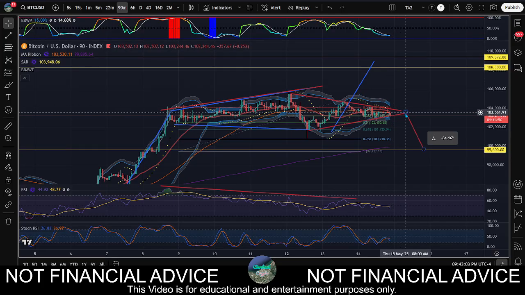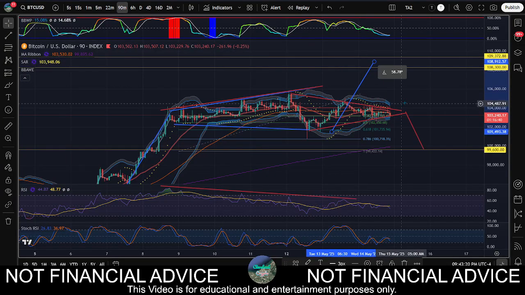Putter around sideways for a bit, let that 200 come up, and hopefully the 200 can catch price action here at that 786 once again, as it has right here beforehand. If it does that, our bull flag stays intact and our measured move stays intact as well. What's our measured move? Up to all-time highs.